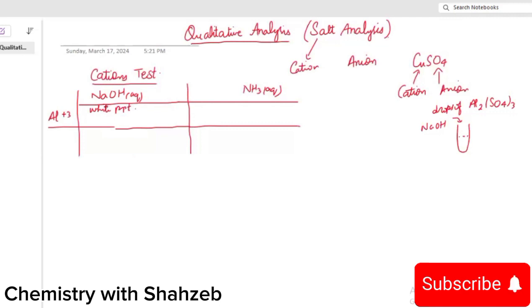And when we are putting it in excess, what happens? The precipitate dissolves to form a colorless solution.